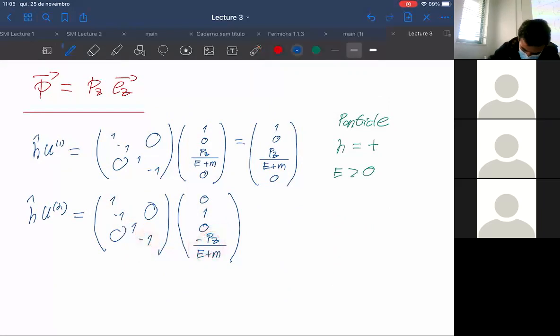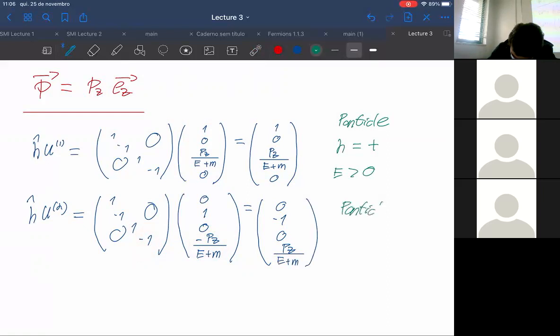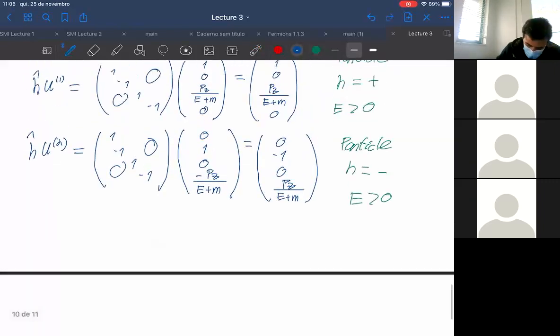So it clearly goes to minus the eigenvector. So 0, 1, 0, Pz over E plus m. So this is a particle with negative helicity, with minus helicity, and positive energy. Without doing this explicitly, you can do the same for the other two.